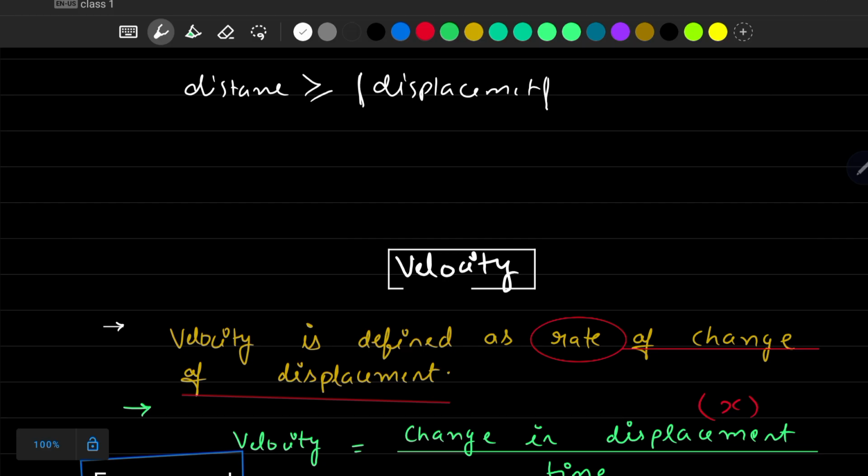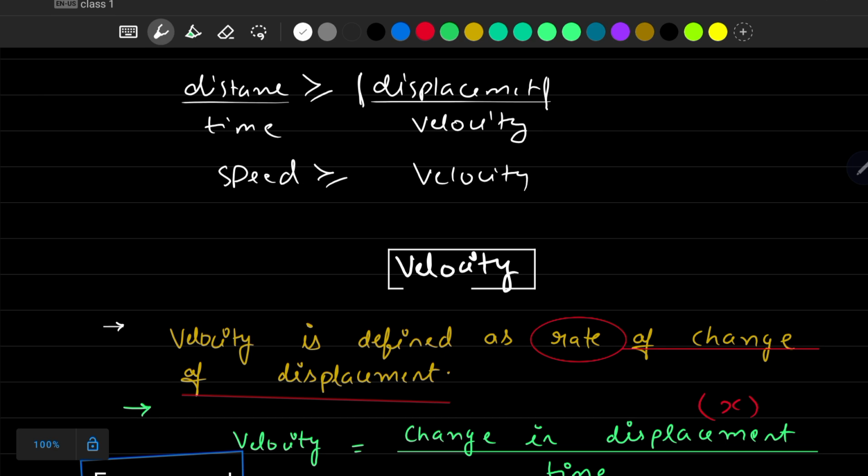Now students, we know that distance upon time is speed, and displacement upon time is velocity. So it means speed is also greater than or equal to velocity. Again, velocity is a vector quantity, so we will apply here the magnitude sign.